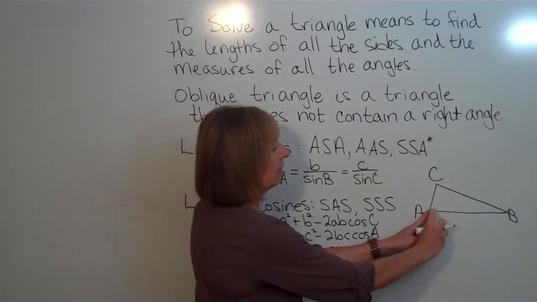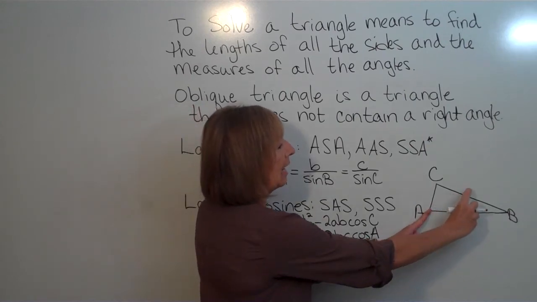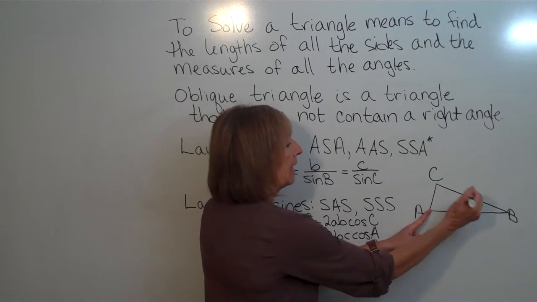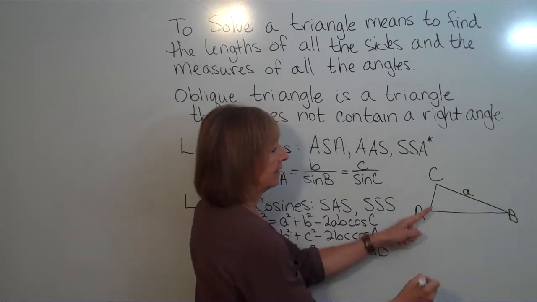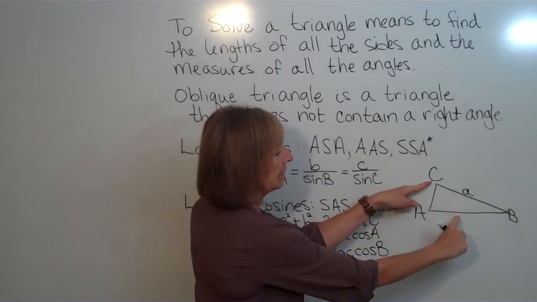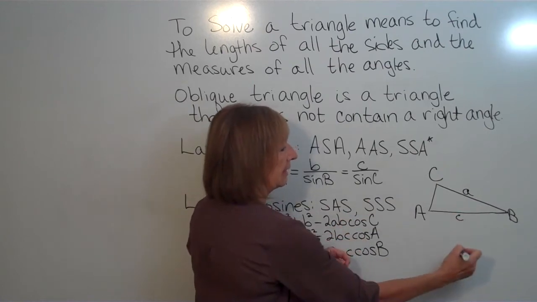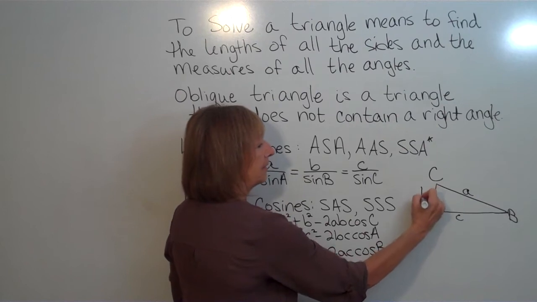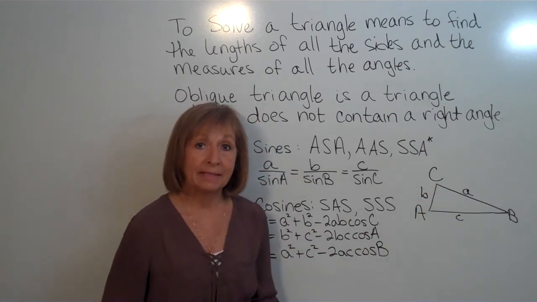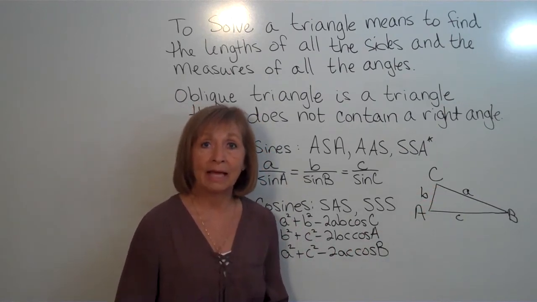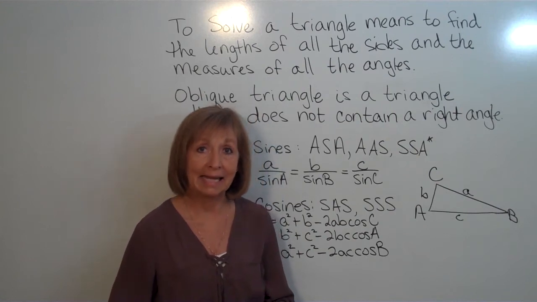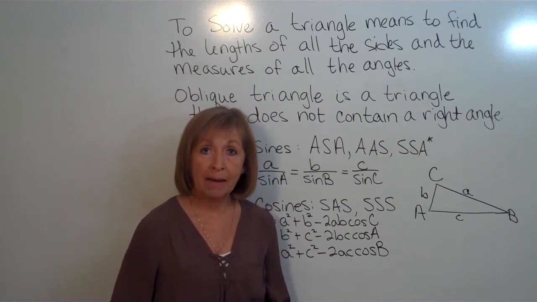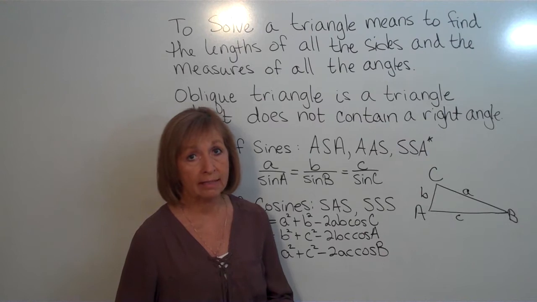So if this is angle A, then the side opposite is this one, and that would be side a. And for angle C, the side opposite is side c. And for angle B, the side opposite is side b. So the side opposite the angle will have the same letter of the alphabet as the angle, but the angles will be capital letters and the sides will be lowercase letters.